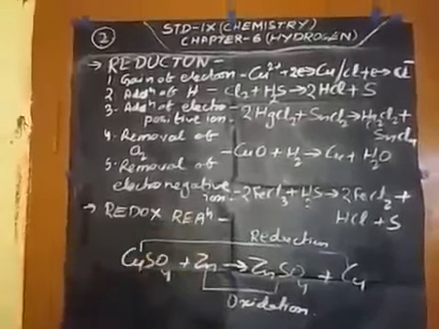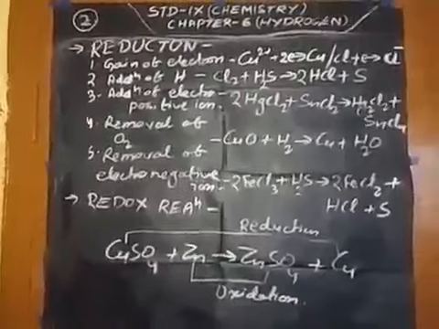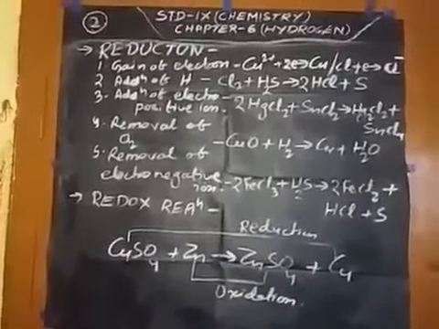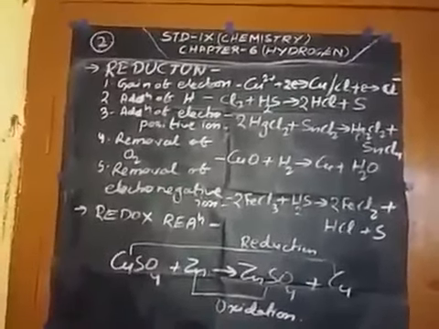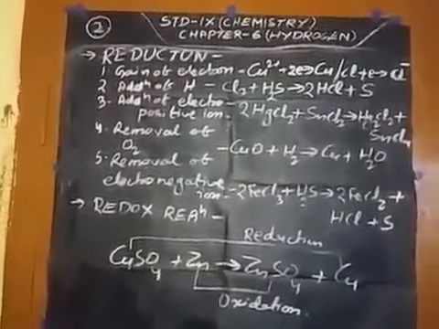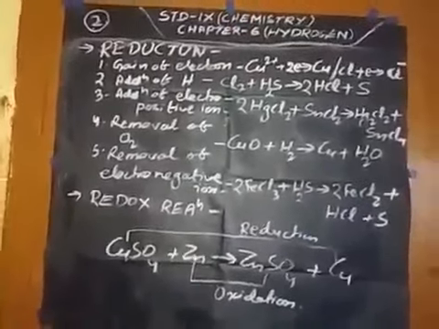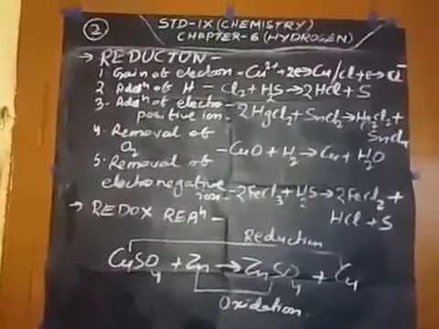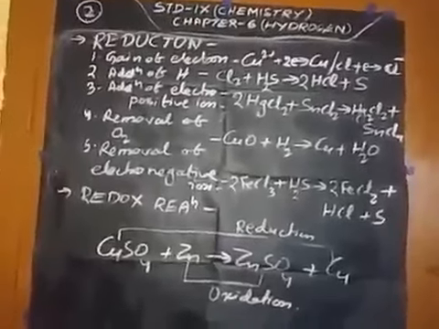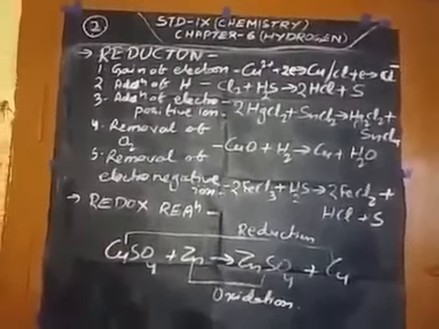Then what is redox reaction? In a redox reaction, if one substance is oxidized, the other substance must necessarily be reduced. This is because the electrons lost during oxidation are simultaneously gained during reduction. A reaction in which both oxidation and reduction take place simultaneously is known as redox reaction.